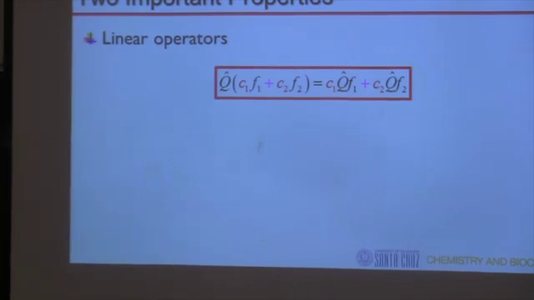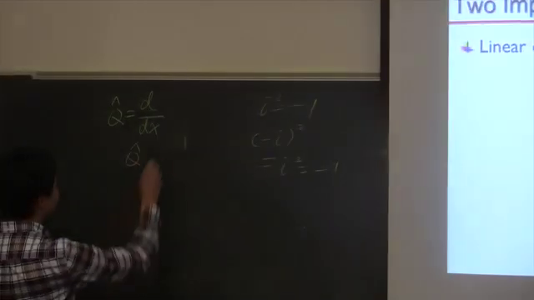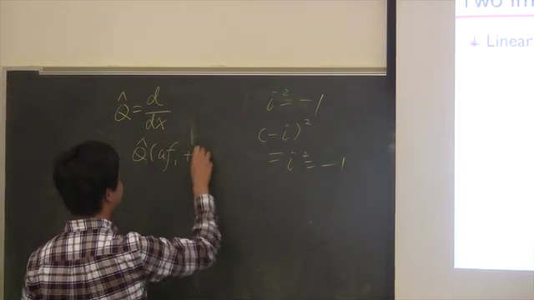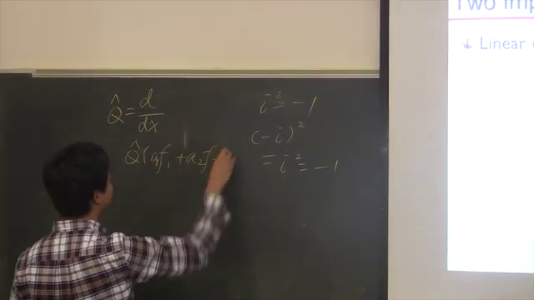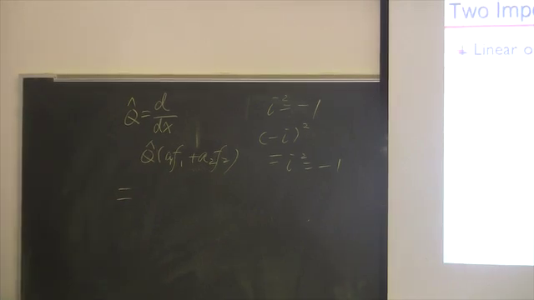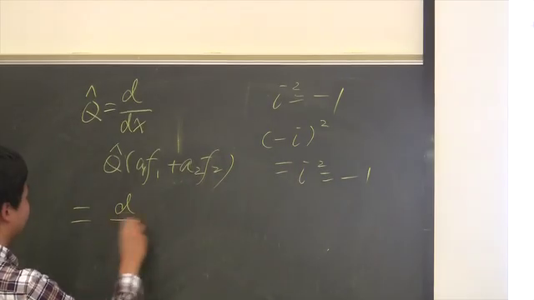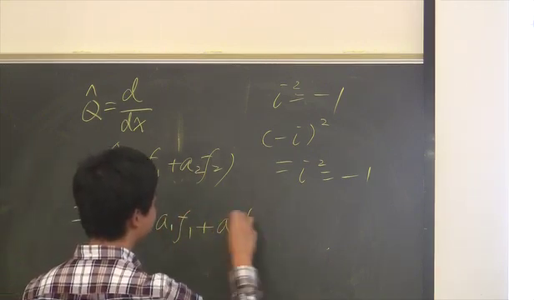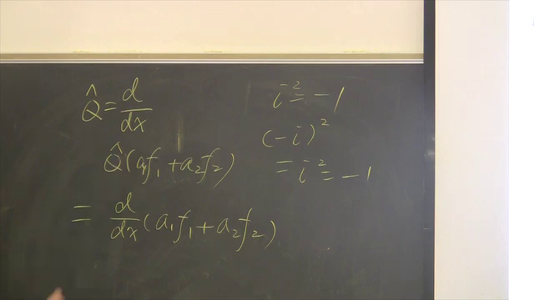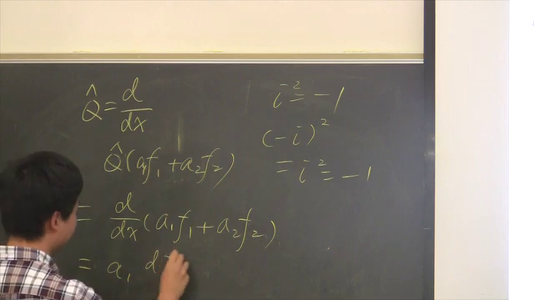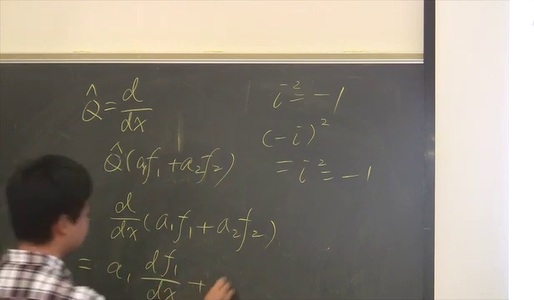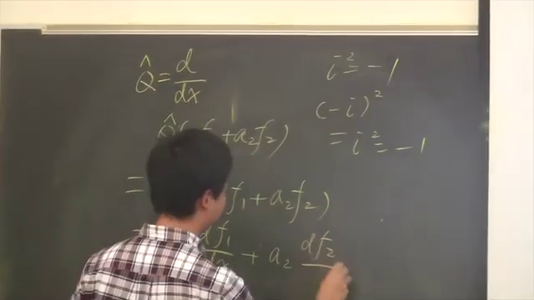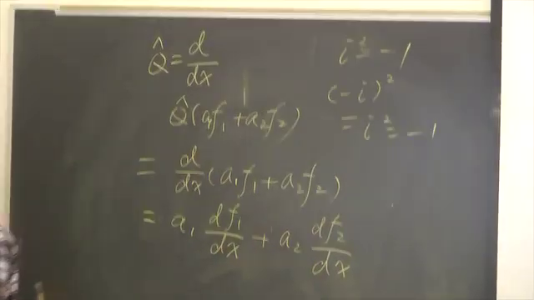Whether this is linear or not, you operate on a1 f1 plus a2 f2. Plugging in the operator, this gives you a1 df1/dx plus a2 df2/dx, right?